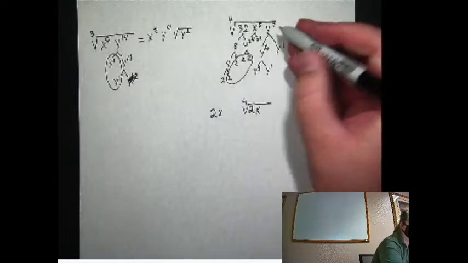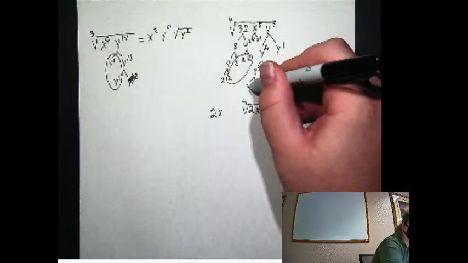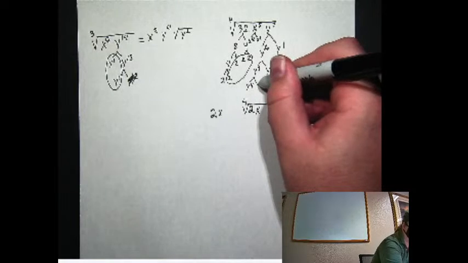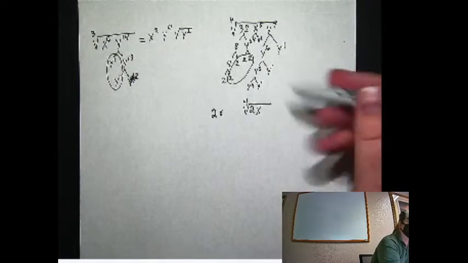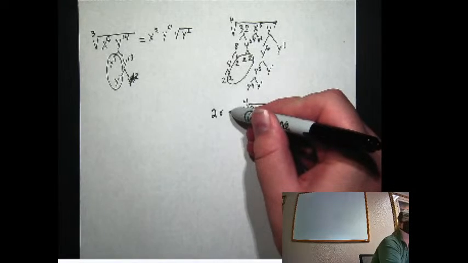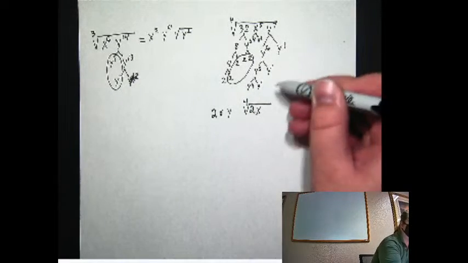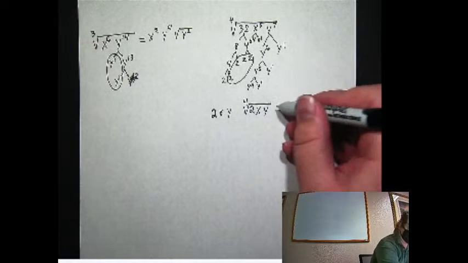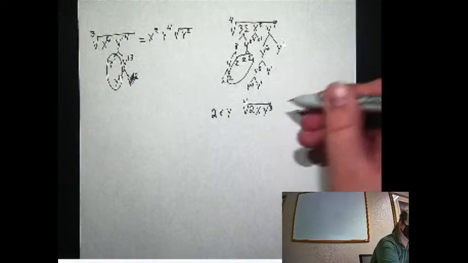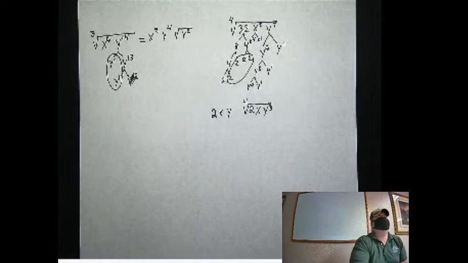Still doesn't divide because 5 doesn't divide by 4. So y to the 4th and y to the 1st. And there we go. So this will give us y to the what on the outside? Y to the 1st. And then how many y's do we have left over underneath? 3. Perfect.